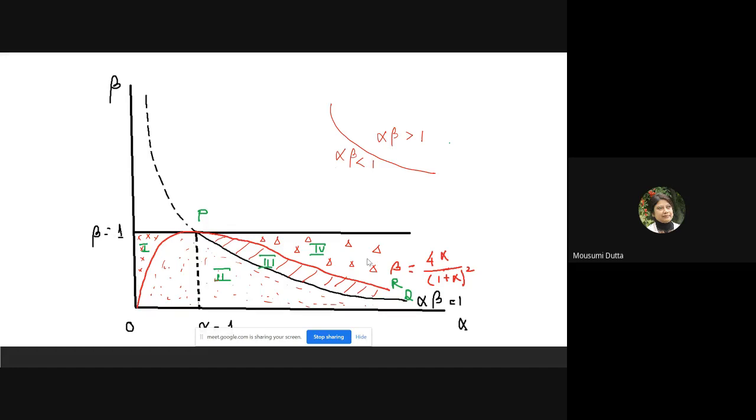Moreover, beta greater than 4 alpha by 1 plus alpha whole square, which implies roots are real.